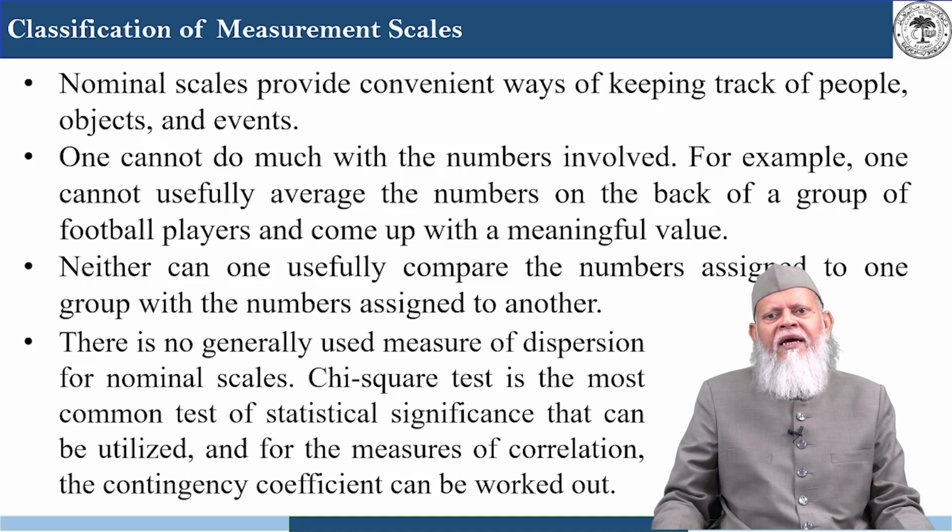Or player 2 into player 3 is equal to player 6, this is also absurd. Or say player 8 divided by player 4 is equal to player 2, this is also absurd.